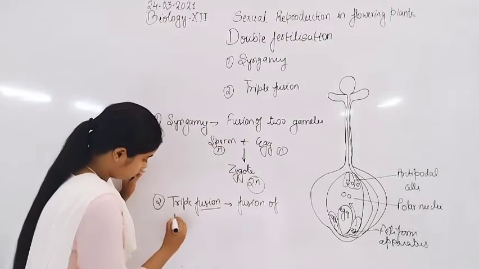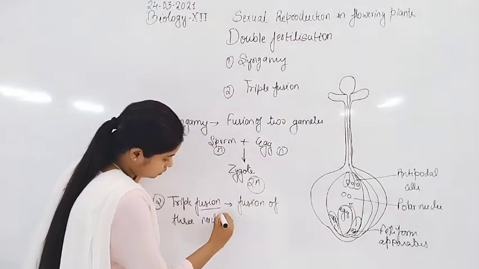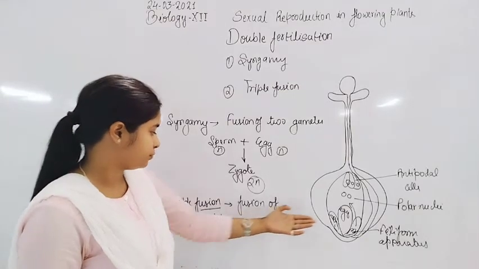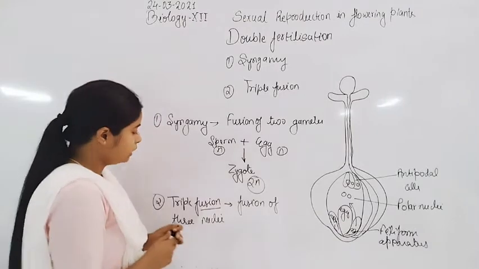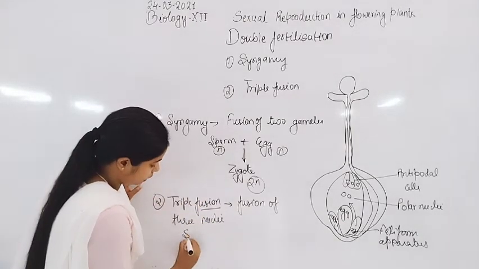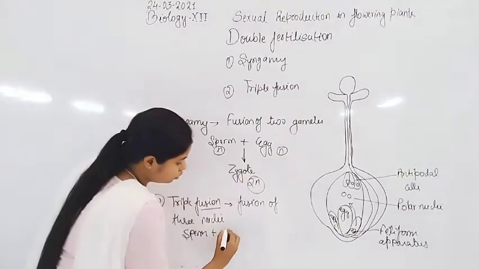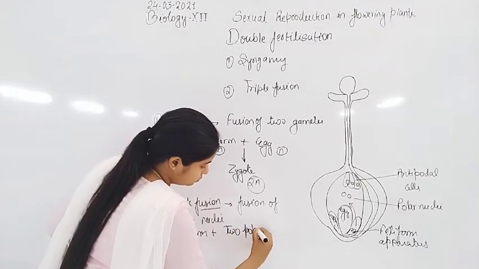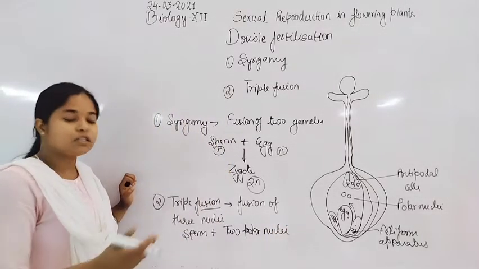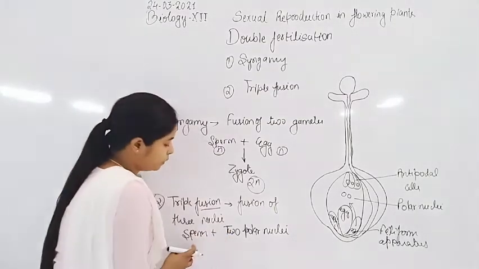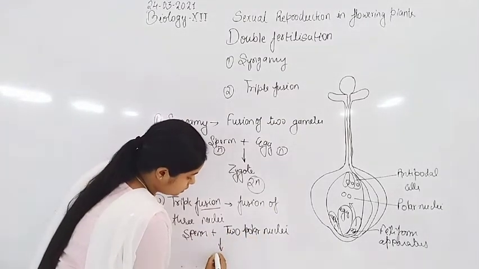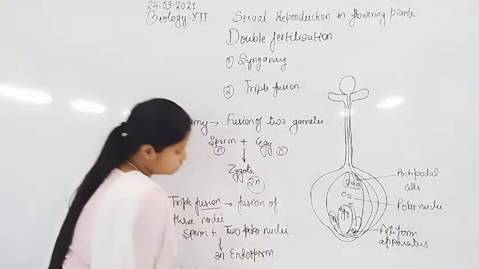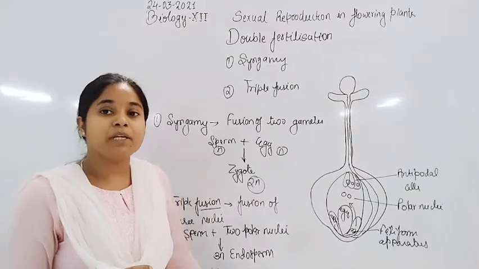So fusion of three nuclei takes place inside the embryo sac, and the result of this: here the sperm fuses with two polar nuclei, and the final result when the sperm fuses with two polar nuclei is triploid endosperm, also known as the primary endosperm cell.